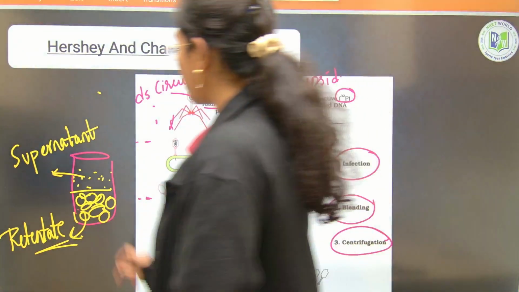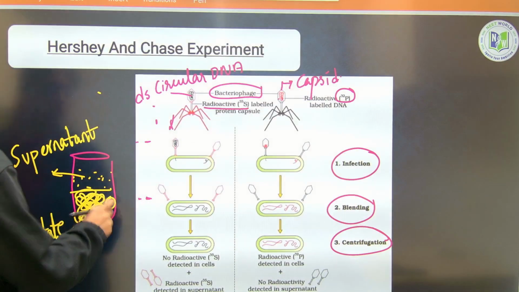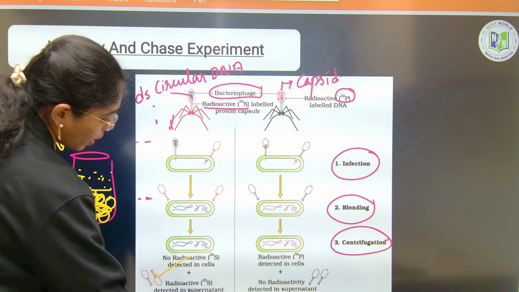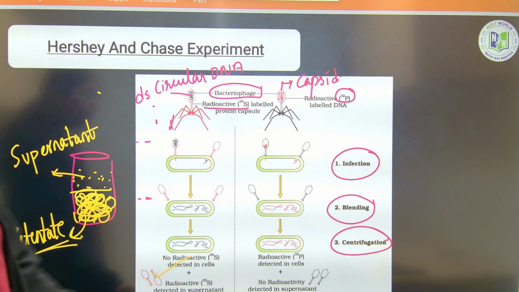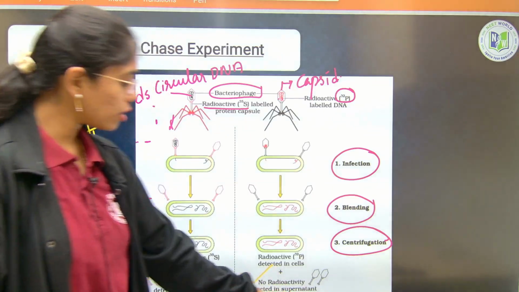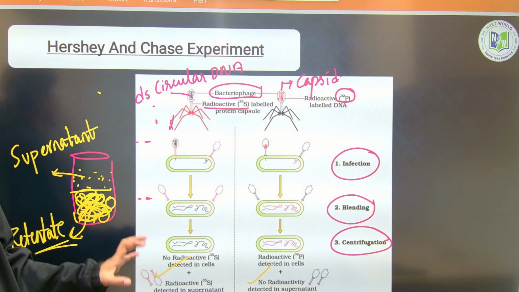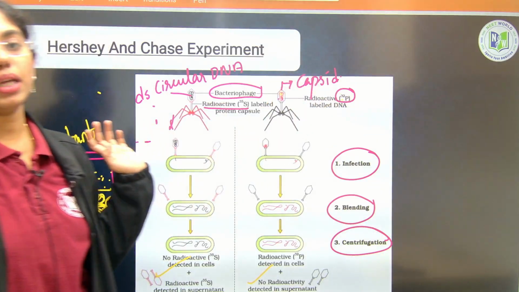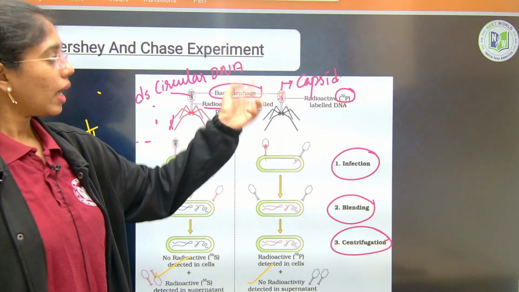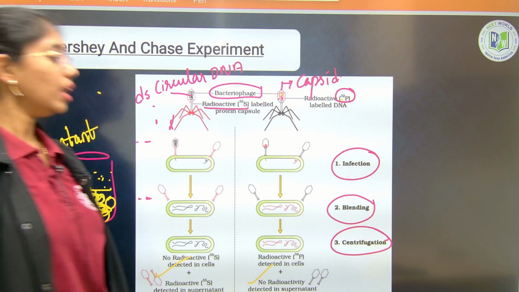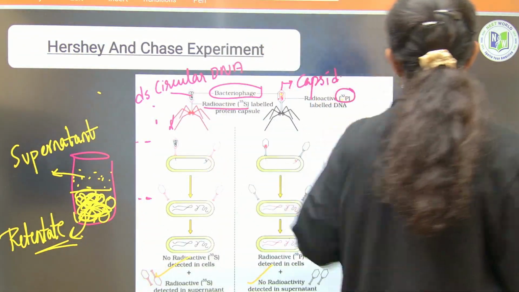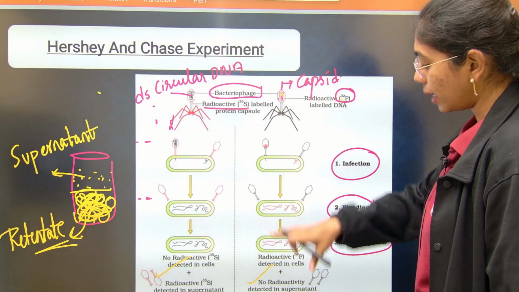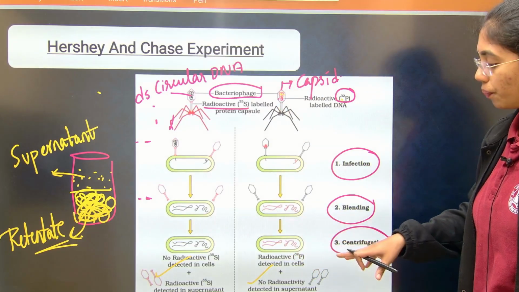Radioactive isotopes were not detected in the supernatant where the DNA is labeled with P32. They have entered into what? The bacterial genome. With this they have given the proof that DNA enters into the bacterial genome.